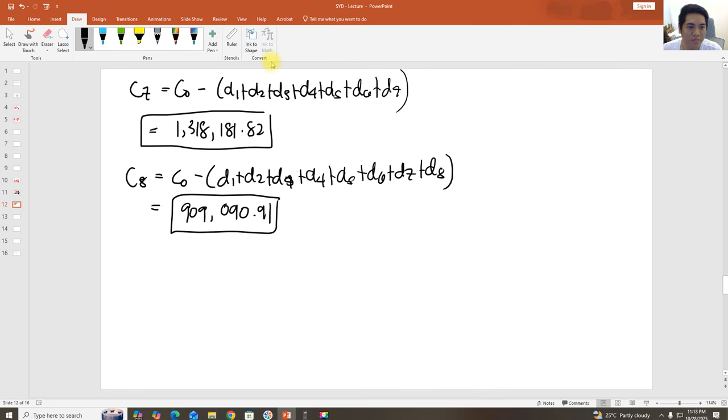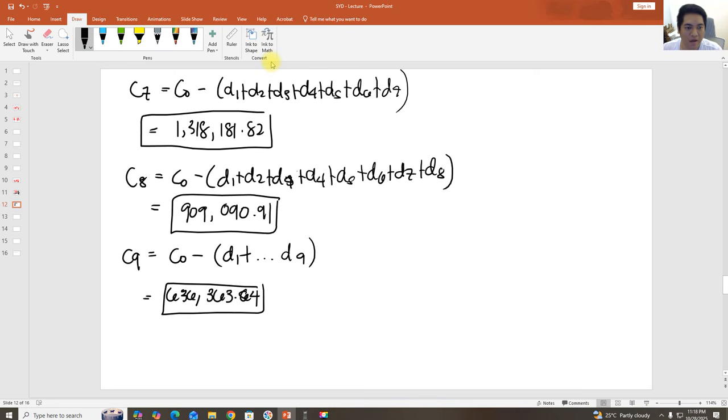So it's nearing the salvage value. So we have C sub 0 for C sub 9, that would be D1 up to D9. I just shortcut it. So we have C9, that would be 636,363.64.